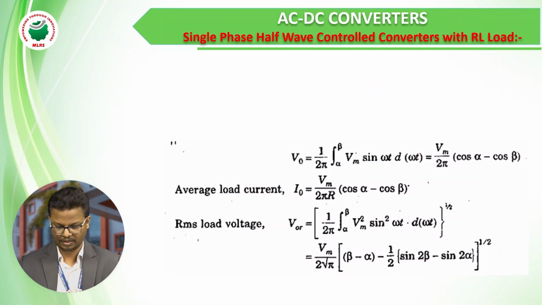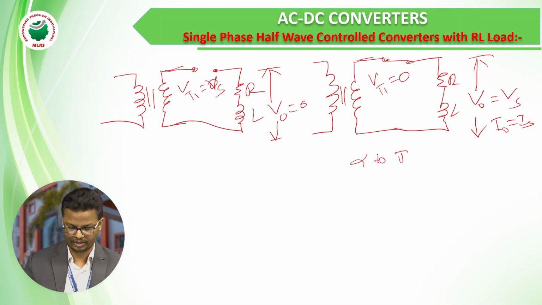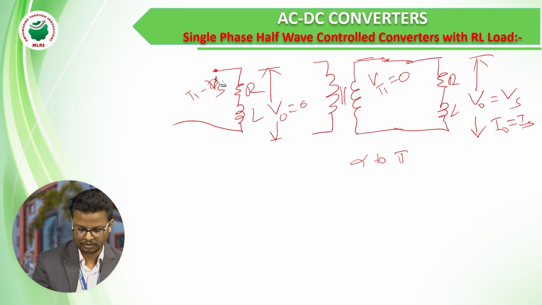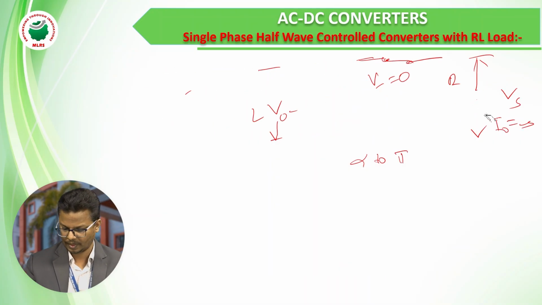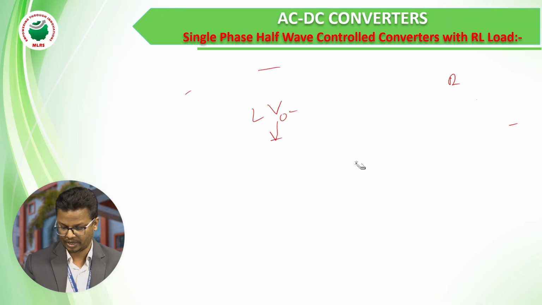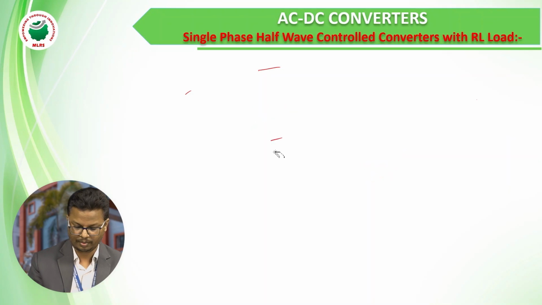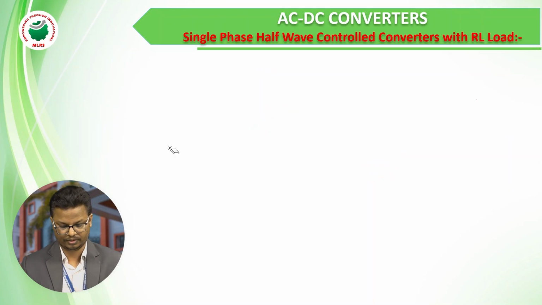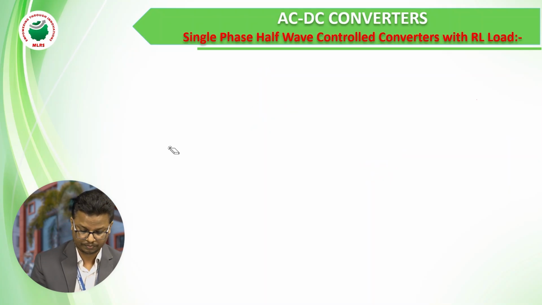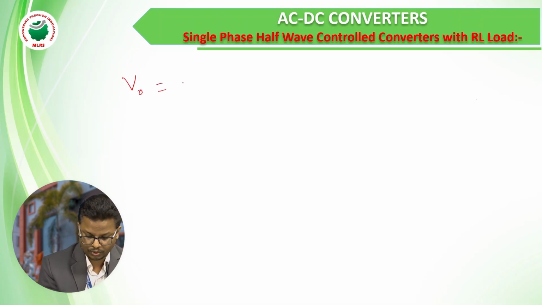Here also we have a similar derivation. We have output voltage, output current, VRMS and IRMS. So the output voltage V0 equals 1 by 2 pi integral from alpha to beta.